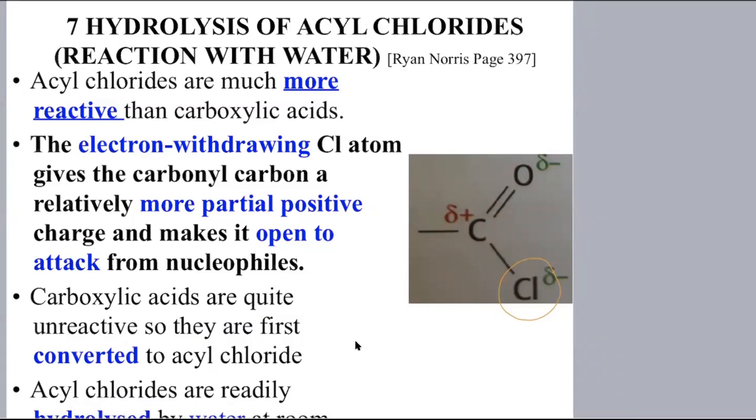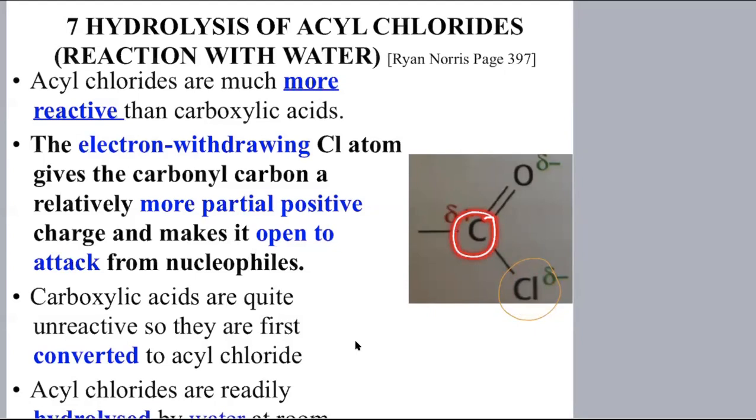In an acyl chloride, you have an additional electronegative atom, which is chlorine. Even though chlorine is not the most electronegative, it's quite high in the electronegativity series. So chlorine is another electronegative atom, and you can imagine this carbon is attached to two highly electronegative atoms.